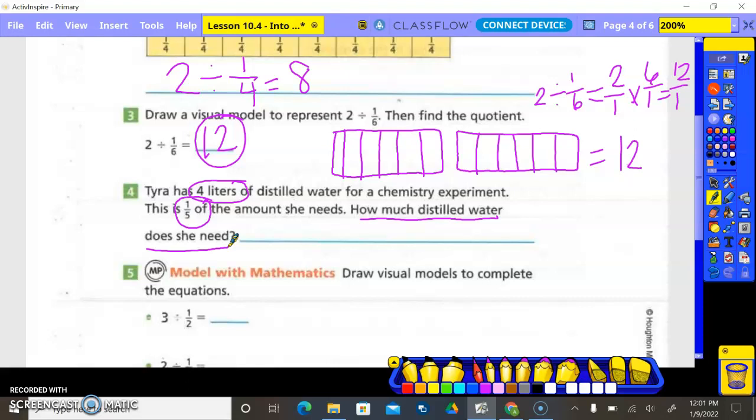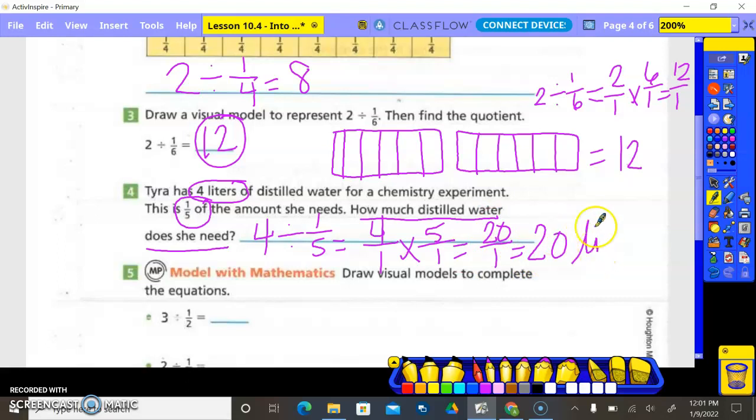So she has 4, which is the total, divided by 1/5. That equals 4/1 times the reciprocal of 1/5, which is 5/1, which equals 20/1, which equals 20. So she actually needs 20 liters and not just 4.